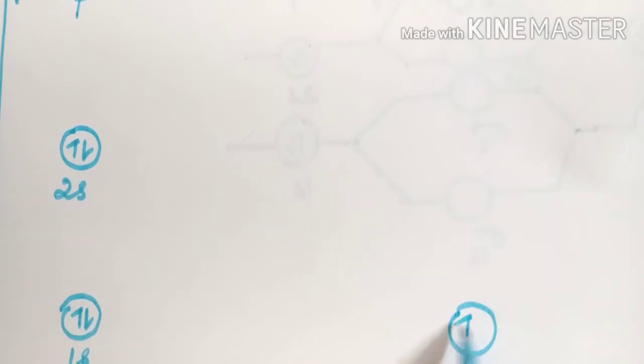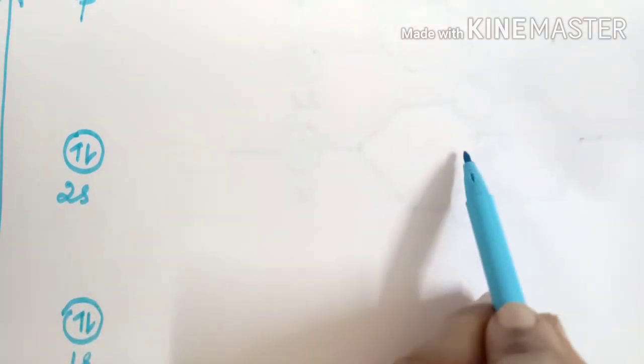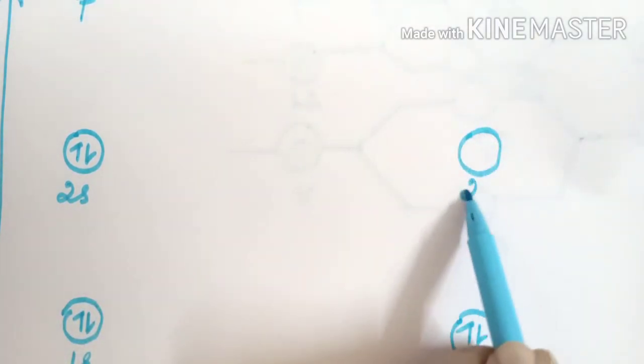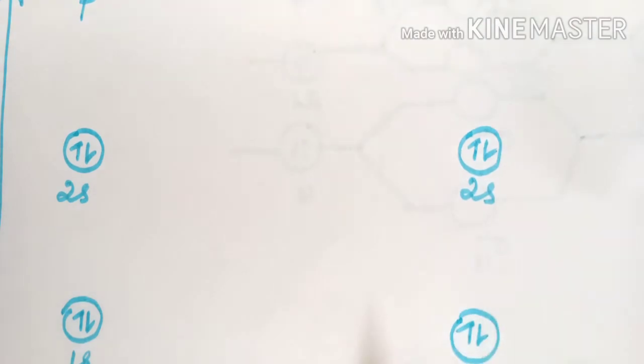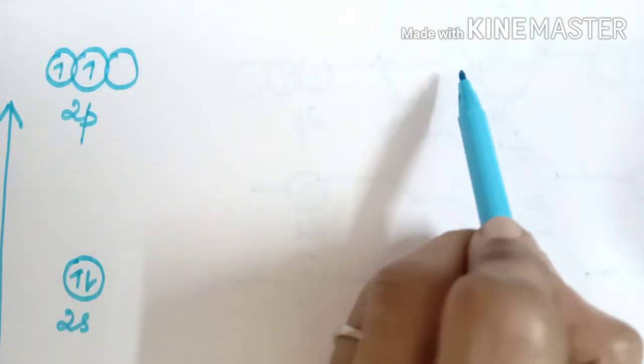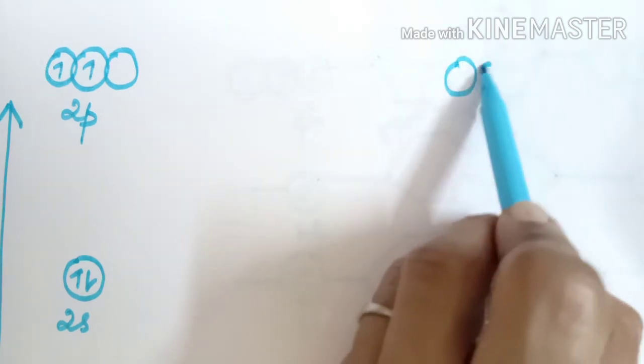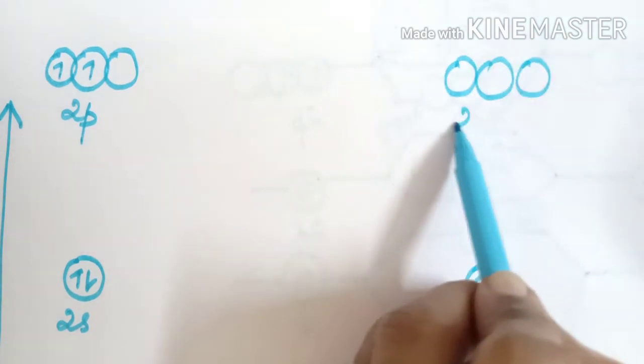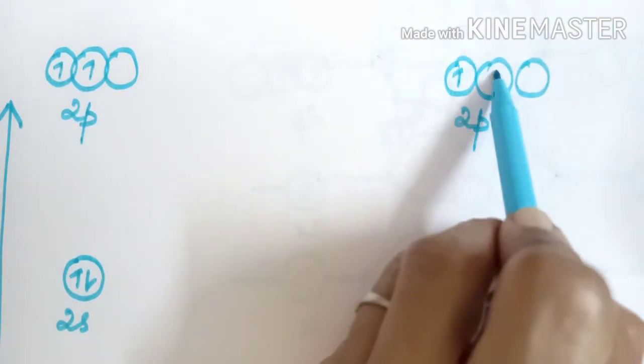First one, 1s2. Then we have 2s2. And the next higher level will be 2p2.